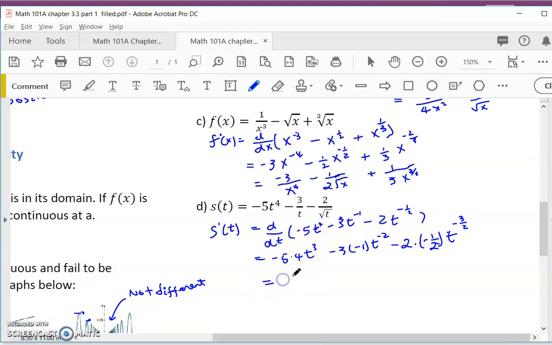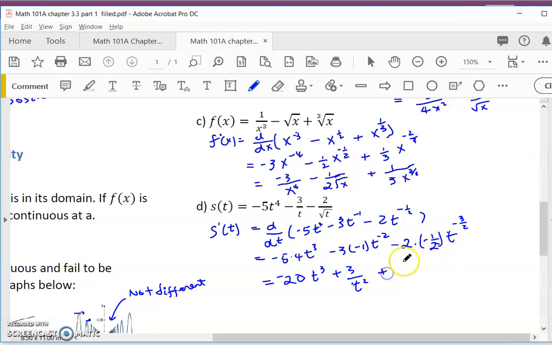Now it is rewriting. So this is negative 20 t cubed plus 3, but I have a t to the negative 2, so 3 over t squared. What about t to the negative 2 and negative 1/2? They cancel as 1.